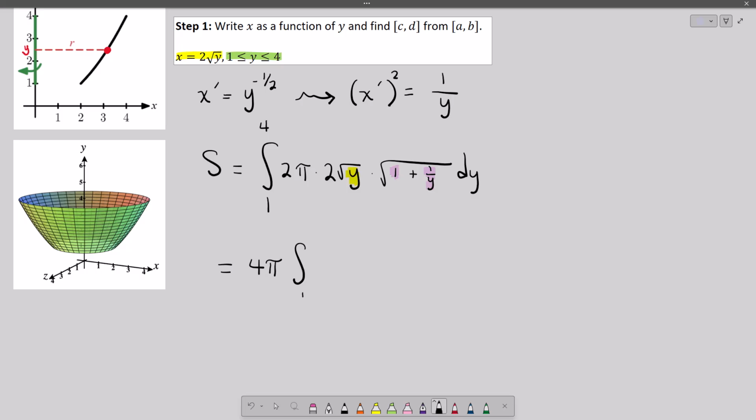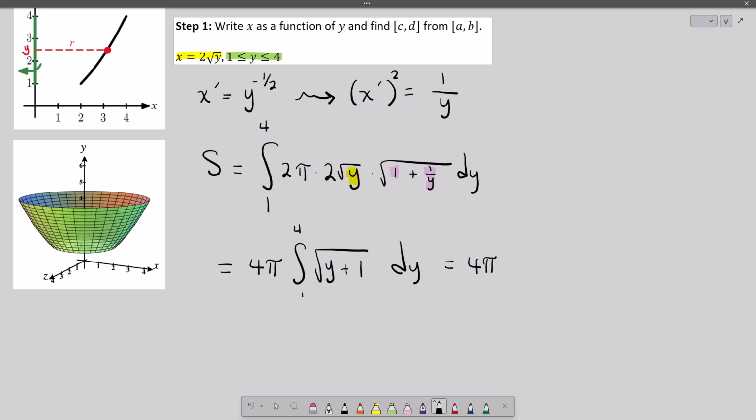So we'll have this as our kind of simplified integral. When this yellow y goes inside, y times 1 is going to be y. Y times 1 over y is just 1. So there will be our simplified integral, which we can use the power rule for.